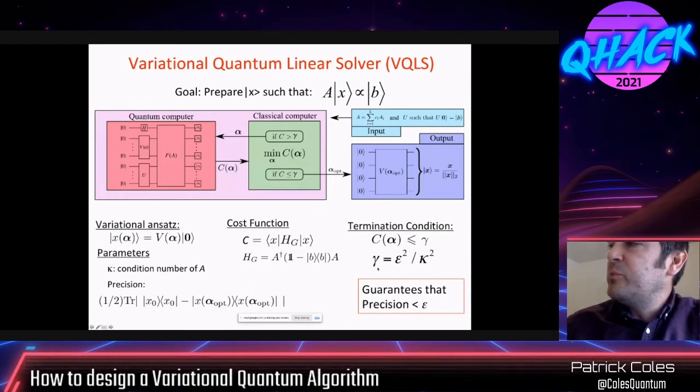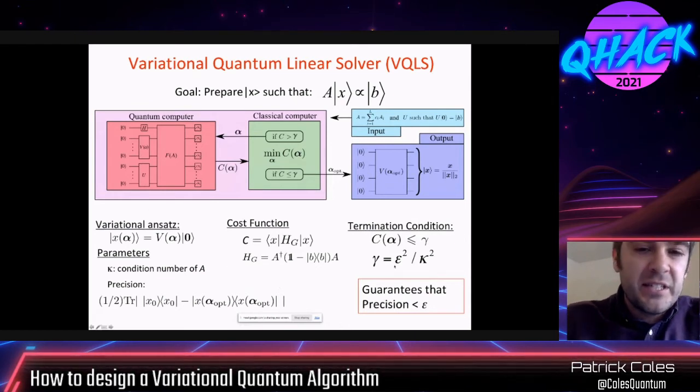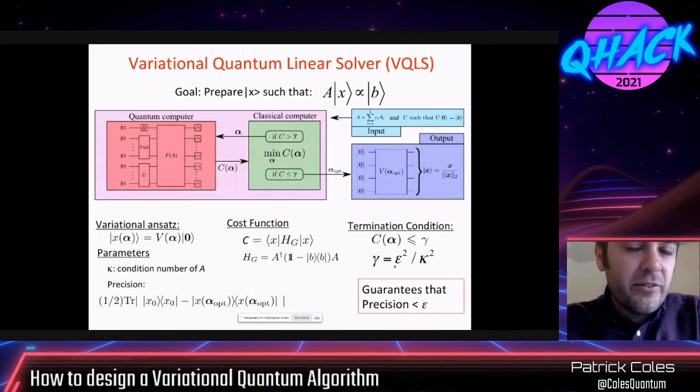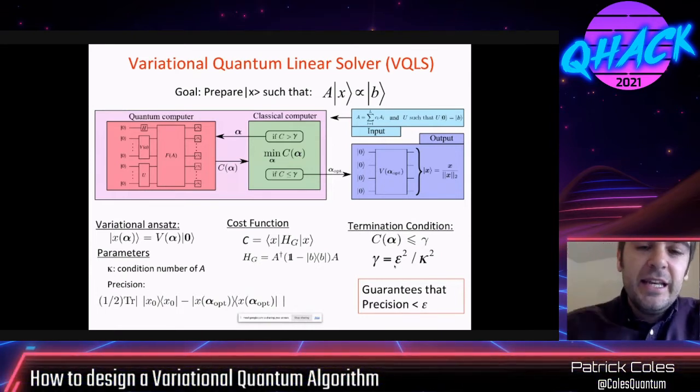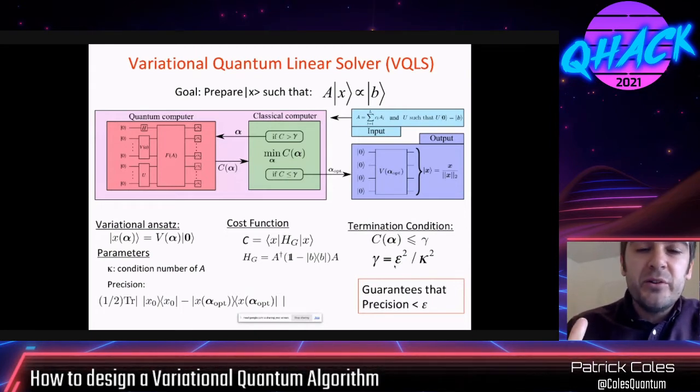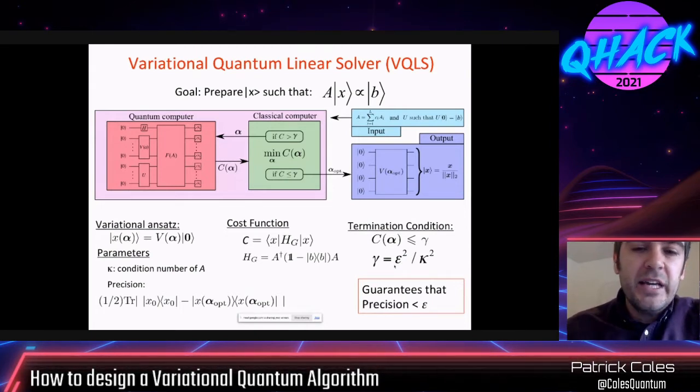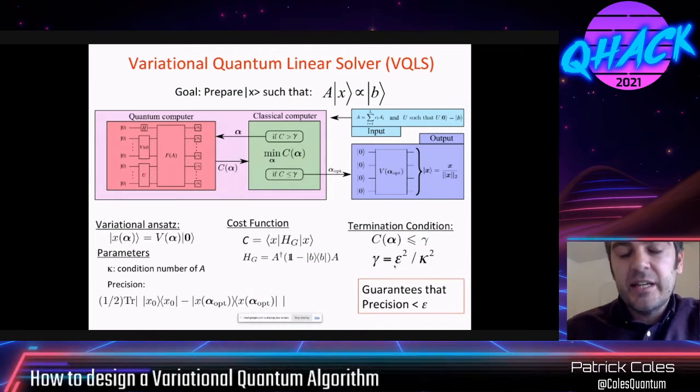What we found is that the cost function is an upper bound on epsilon squared over kappa squared, where epsilon is the precision. Or stated another way, if your cost function dips below the value of epsilon squared over kappa squared, then you can guarantee that you have a precision less than epsilon.